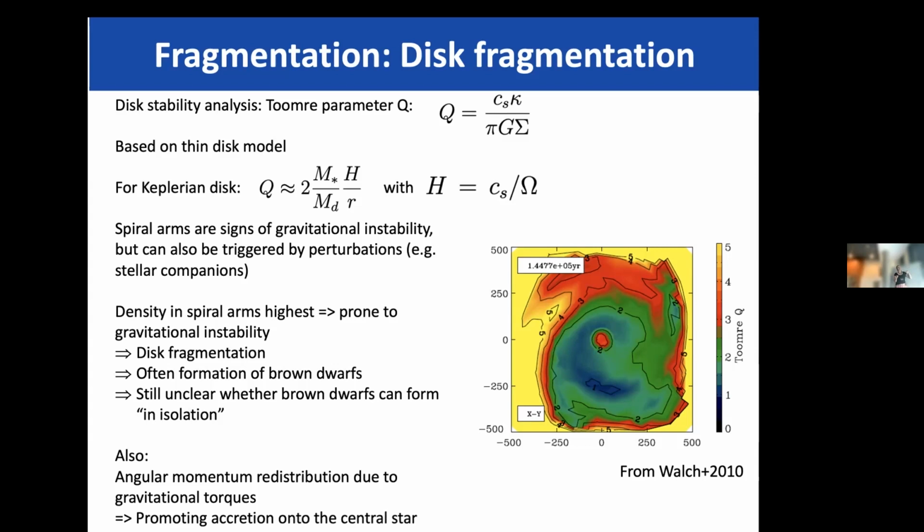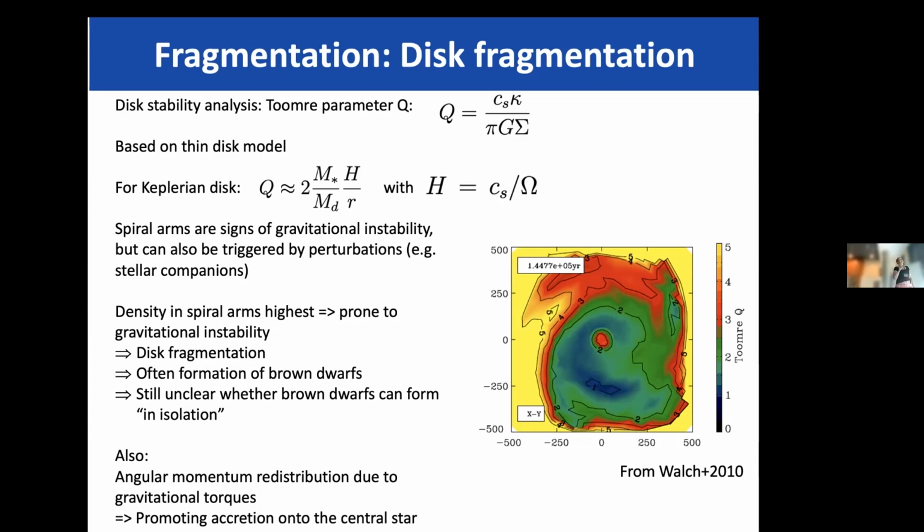Scale height is given as the sound speed over the angular rotation frequency. And typically you actually have flaring disks, so they are thinner in the middle, and they have a larger thickness when you go further out. But it's a bit compensated because you divide by R, and as you go further out, R also increases.